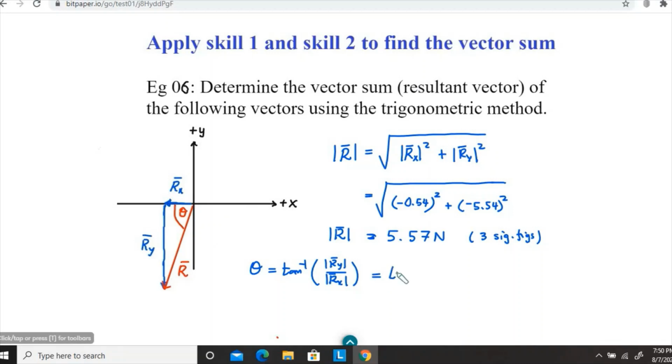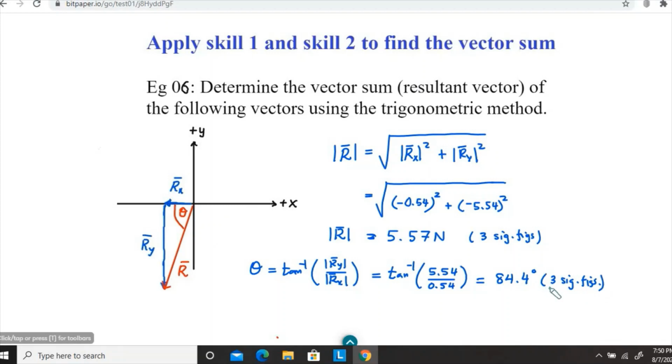That means we have to get the inverse tangent of the magnitude of Ry, which is simply the number without the sign, so I can put 5.54 over, instead of minus 0.54, I can simply put 0.54. When you do the math here, you are going to get 84.4 degrees, again to 3 significant figures.